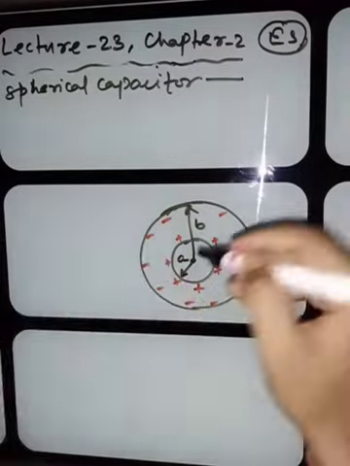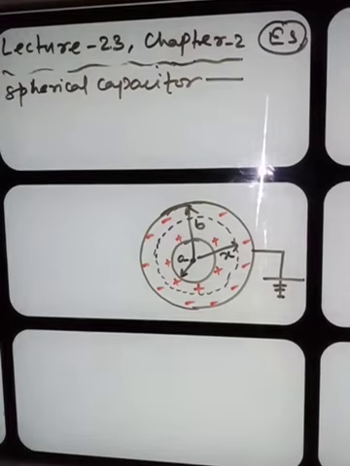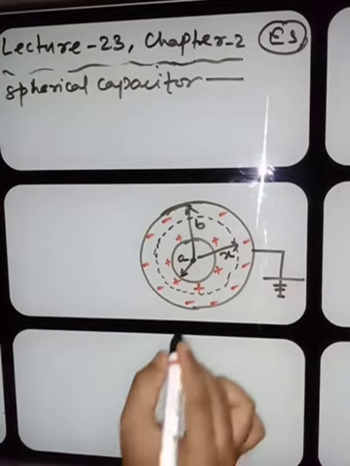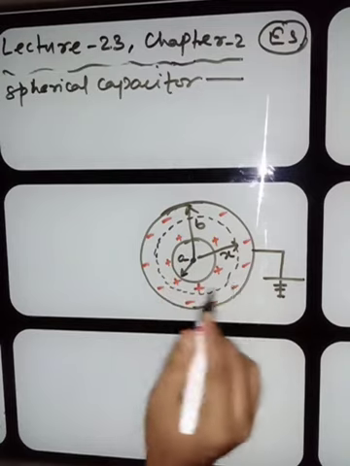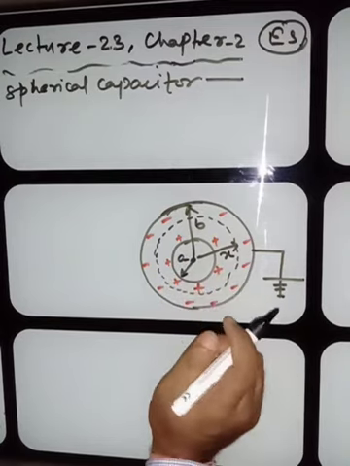Now my dear students, we are taking here the Gaussian surface. The radius of the Gaussian surface we will take as x. Here I'm not writing A as the radius of the inner shell, B the radius of the outer shell, x is the radius of the Gaussian surface. Applying Gauss law, we can write E dot dA equals Q by epsilon naught.